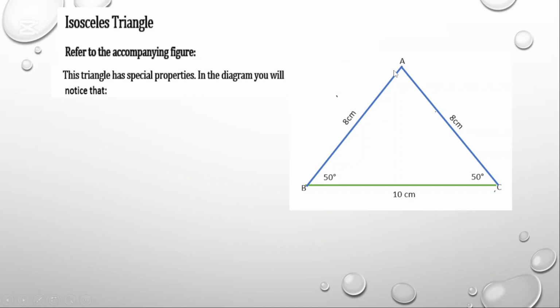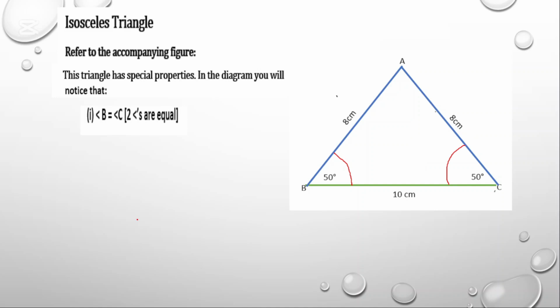Now this is what we call an isosceles triangle. Why? Because the two angles are equal, right? So in this triangle, angle B and angle C, they are the same.